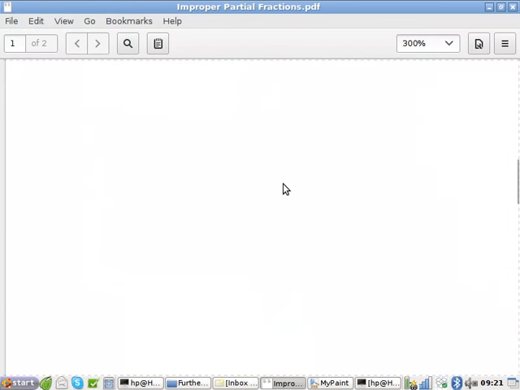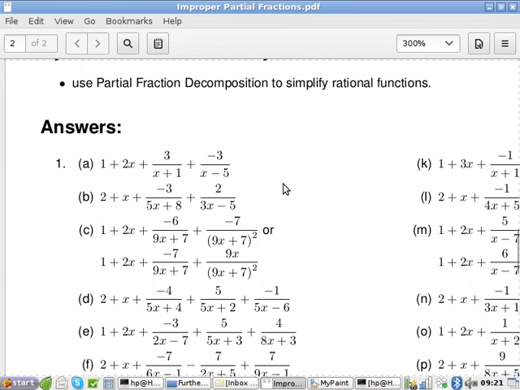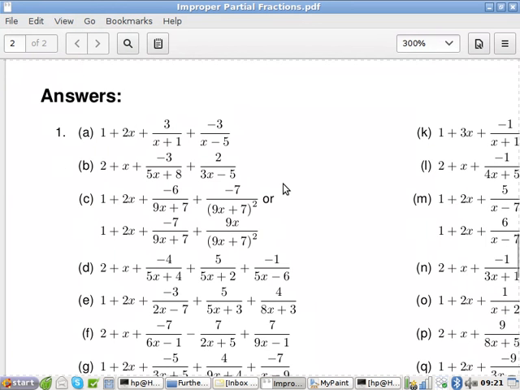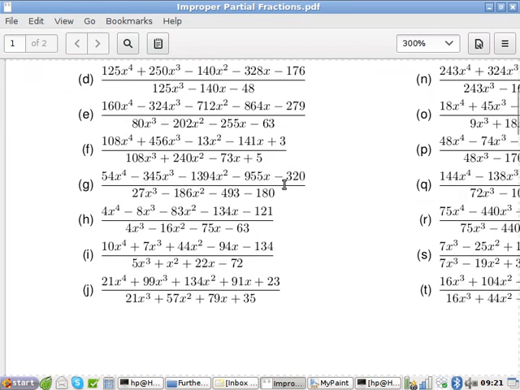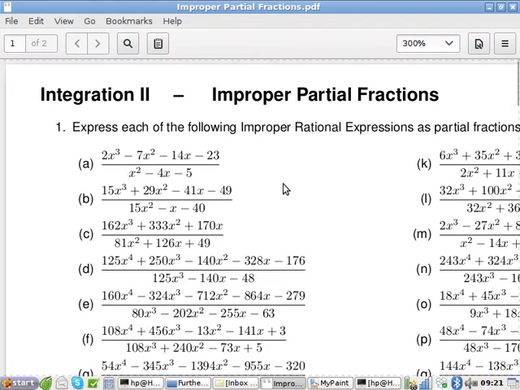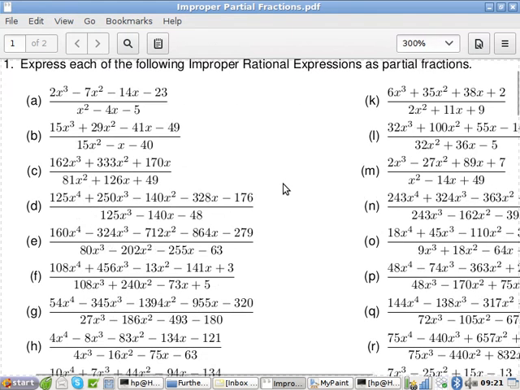Let's see what's so interesting here. D? Okay, let's do D. You can write it down and then I'll do it.